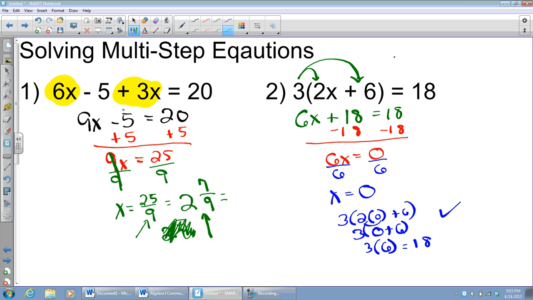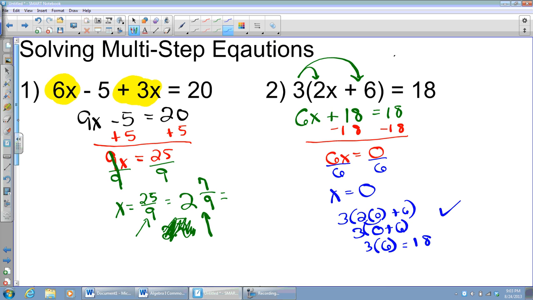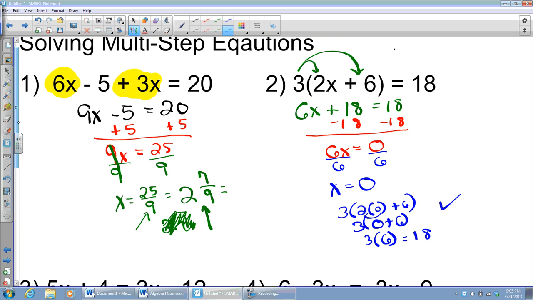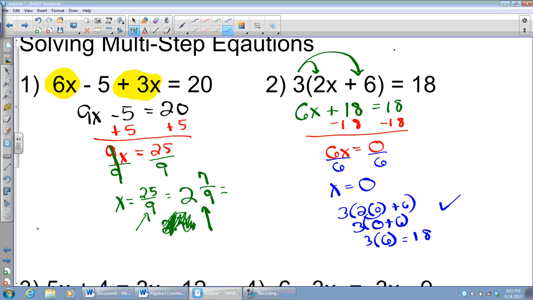Now, I didn't check this first one just because I was rambling, but I certainly can. If I do 6 times 25/9, and this will bug some of you because I got a fraction, minus 5 plus 3 times 25/9. Well, let's see what we get here.